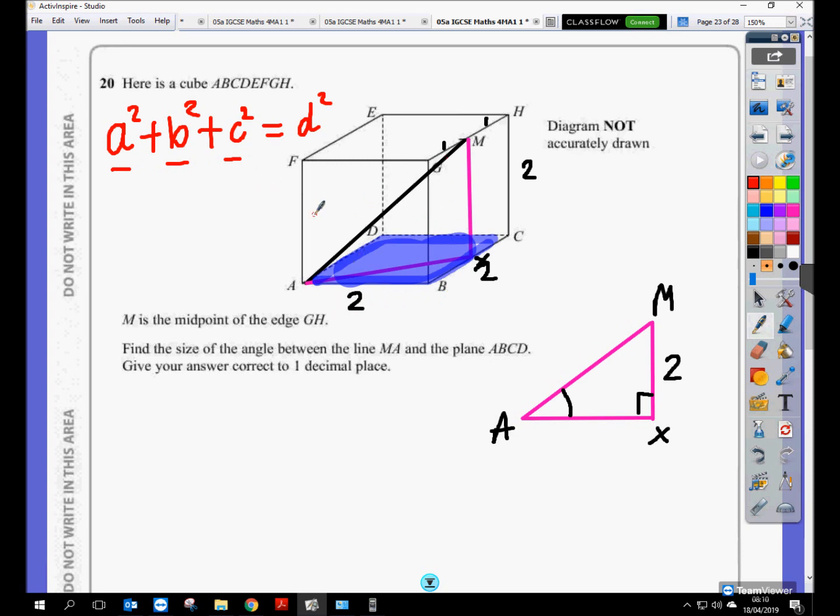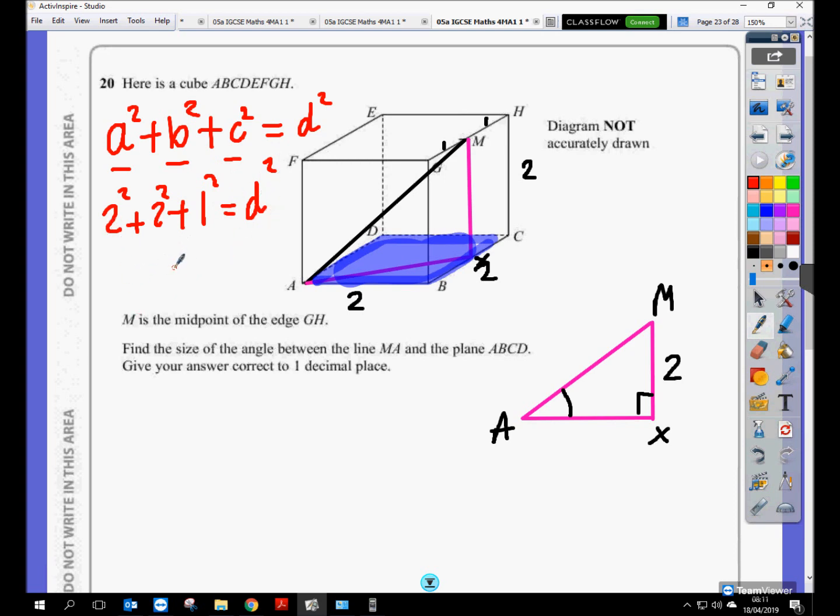But you've got to imagine that because we're not going from A to H, a, b, and c are not 2, 2, and 2. They would be 2, 2, and 2 if the diagonal was AH, but the diagonal is AM. So you can see it's 2 by 2 by 1. So I can do something like this, and it doesn't matter about the order, of course. So it's 2 squared plus 2 squared plus 1 squared is equal to d squared.